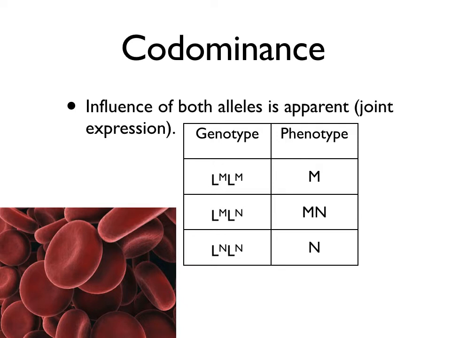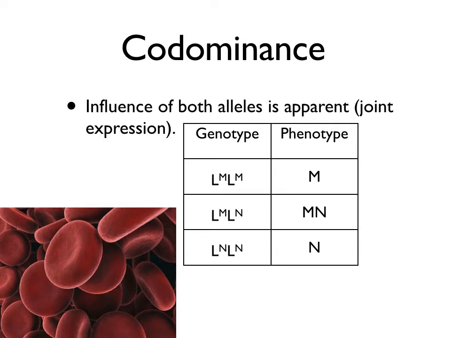So codominance is very similar to incomplete dominance. Okay? In codominance, the influence of both of the alleles is apparent. But what's interesting is it's distinctly expressed independent of the other allele.